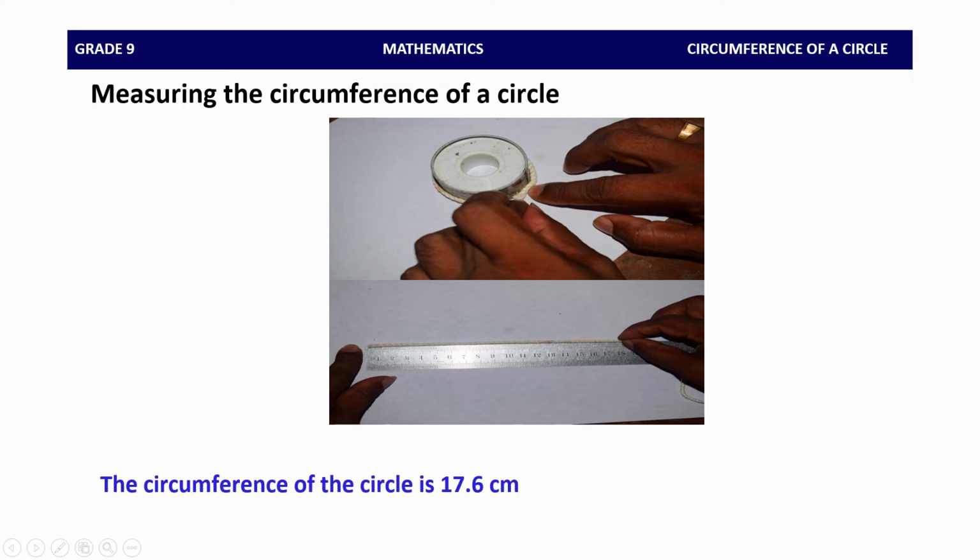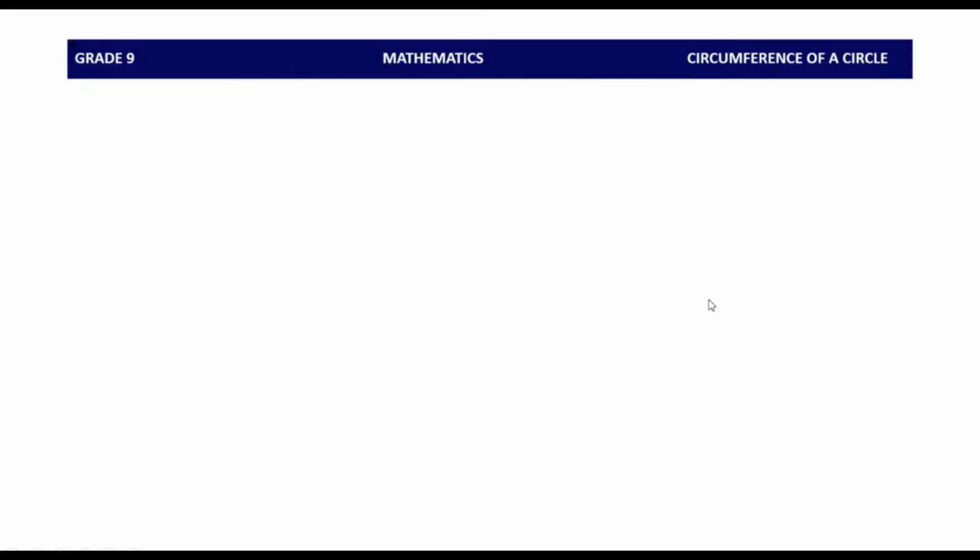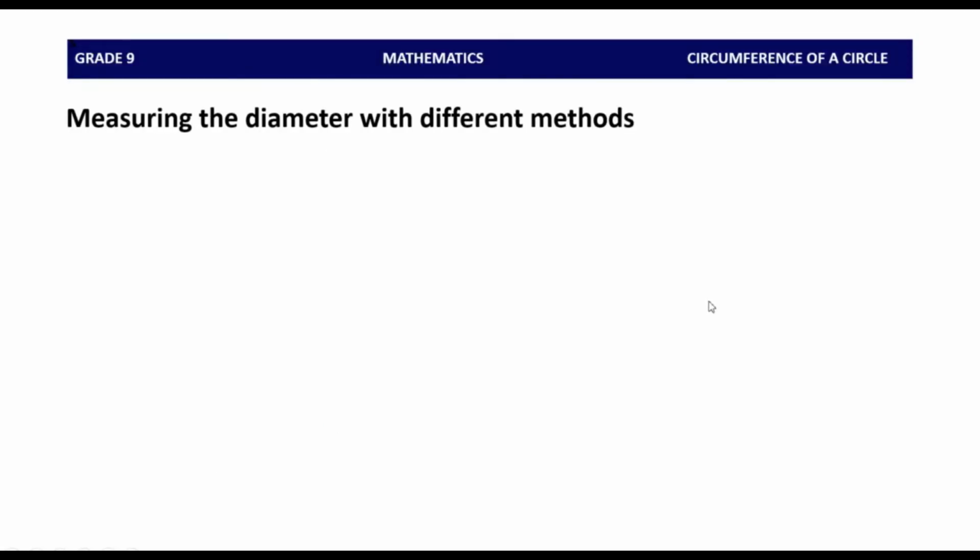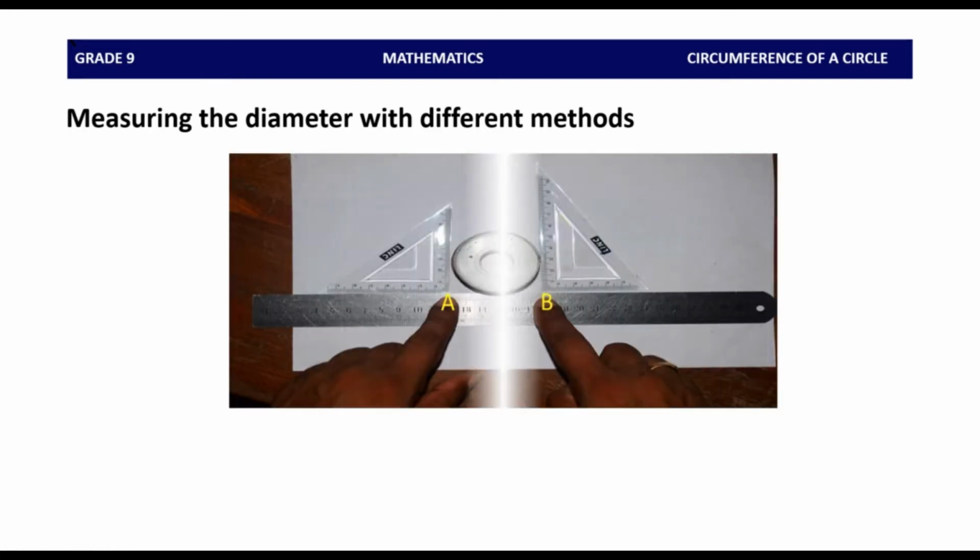Now, we are going to measure the diameter of a circle. There are several methods of measuring the diameter. For this activity, you need two set squares and a ruler. Place the circular lamina and the two set squares touching the ruler as shown in the picture. Get the readings at the points A and B where the 90 degree vertices of the set squares touch the ruler.